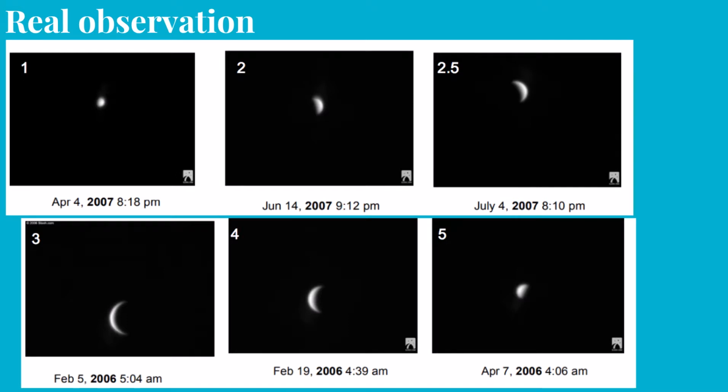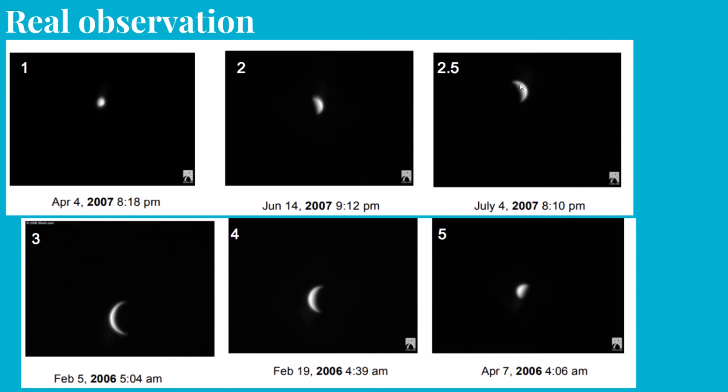Okay, so this is what we actually see on Venus. And I've labeled these with positions that would be close to what we had labeled in class. So in position number 1, you can actually see most of Venus. In position number 2, we can see a crescent Venus. So we can actually see quite a bit of the illuminated Venus.